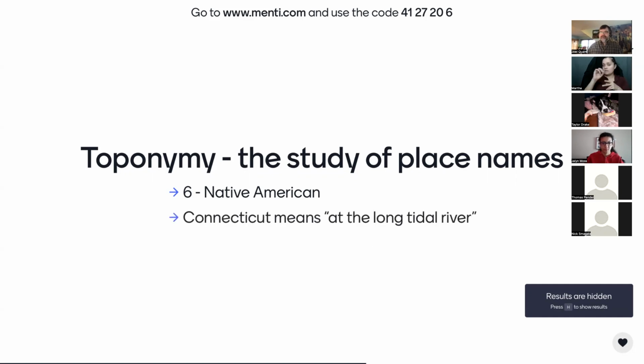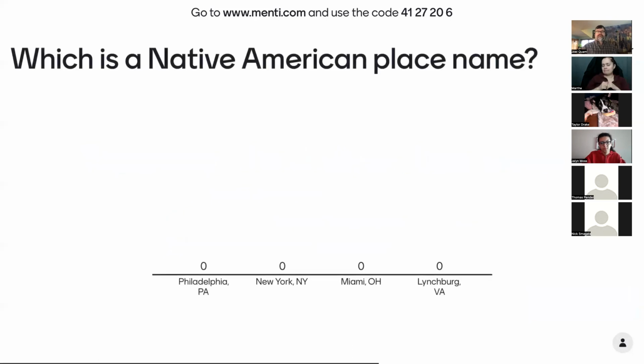Connecticut is an interesting one, at the Long Tidal River. It's a long word and a long phrase. Connecticut. Oklahoma literally means red people. All right, so which one of these is a Native American place name?